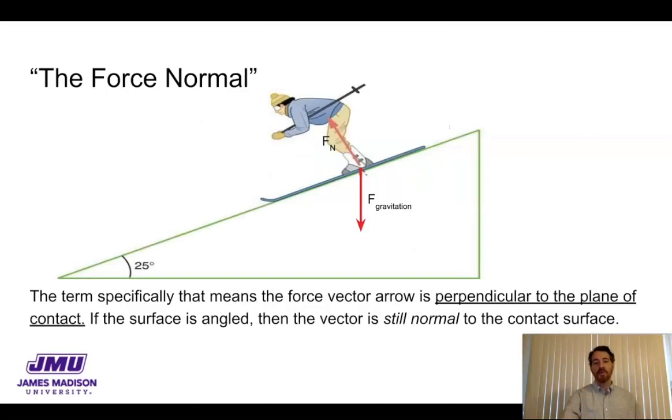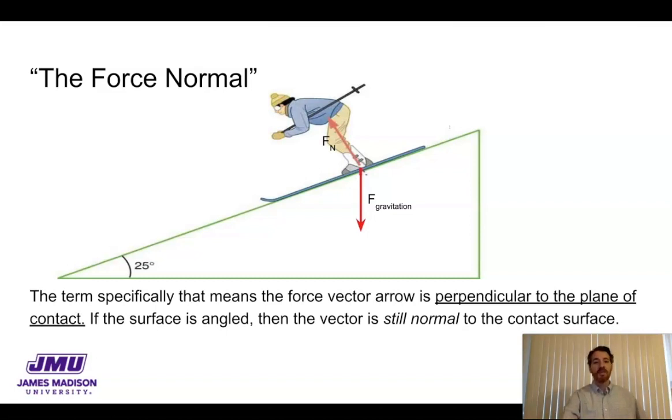One other trick to the force normal that will matter after our first test, but I want to at least mention it right now. Sometimes students assume that the force normal is always an upward force because it is whenever an object is sitting on a horizontal surface. But the force normal is not an upward force. It is a force perpendicular to the surface of contact.